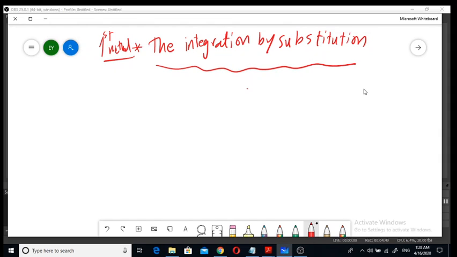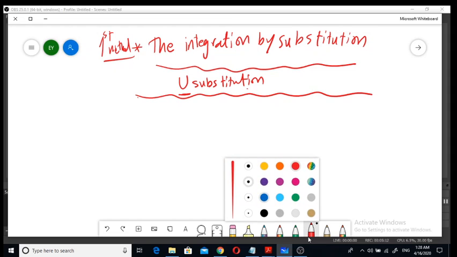Or we can call it U substitution. So today we are going to learn how to integrate by the substitution method, or by the U substitution method.